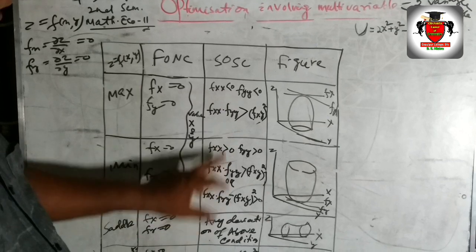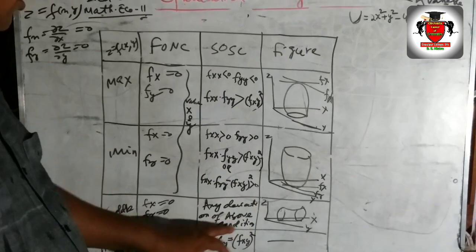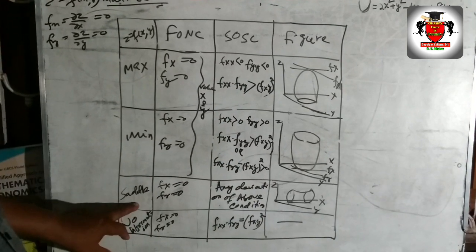If the conditions are not satisfied, with any deviation, we find a saddle point.